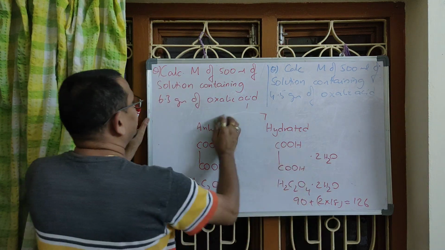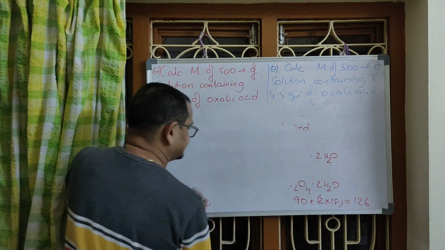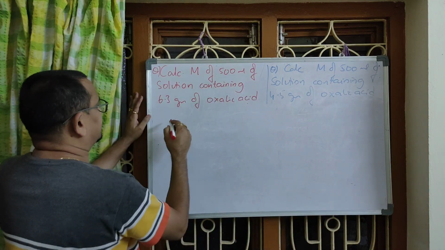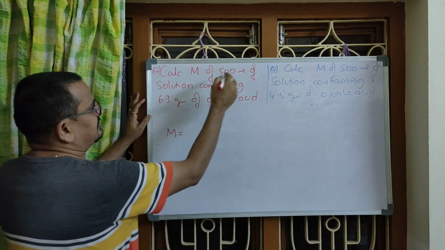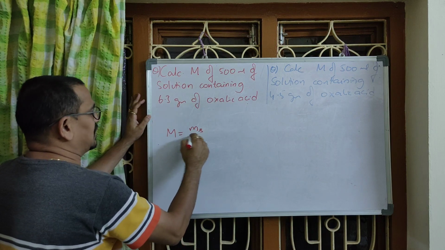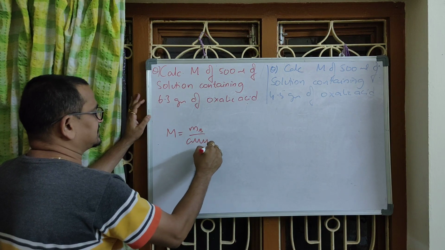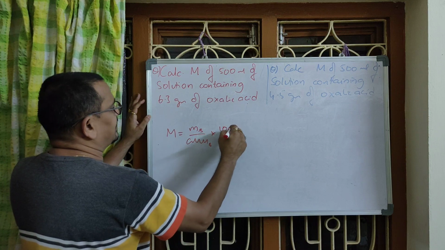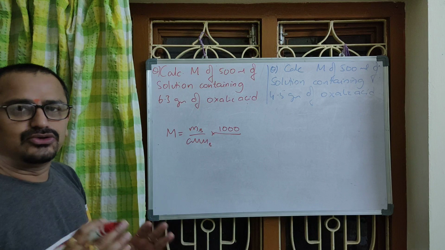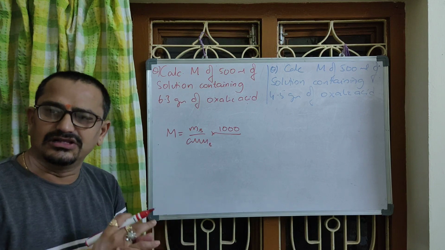Suppose we have to find the molarity of this oxalic acid solution. What is the formula? Molarity equals mass of solute by gram molecular mass of solute into 1000 by volume, where volume is given in ml. I already told you that you should be perfect in all the relations.